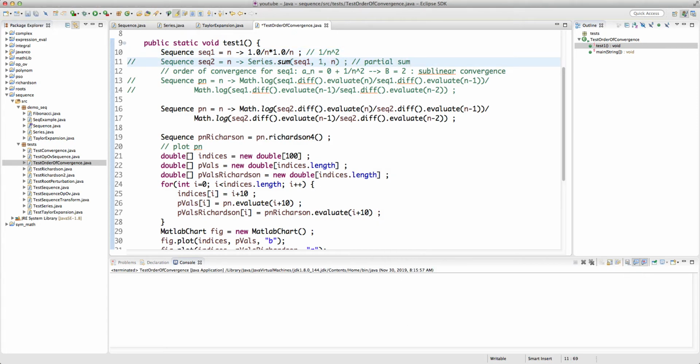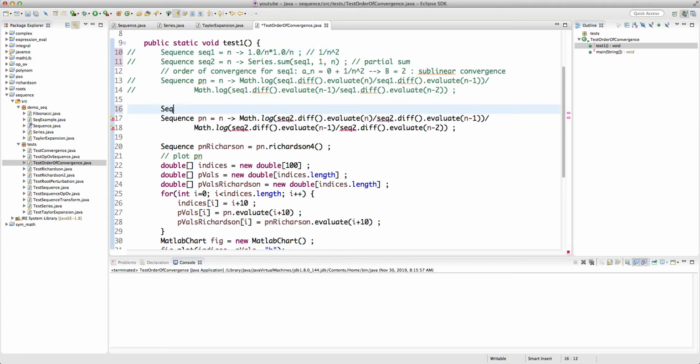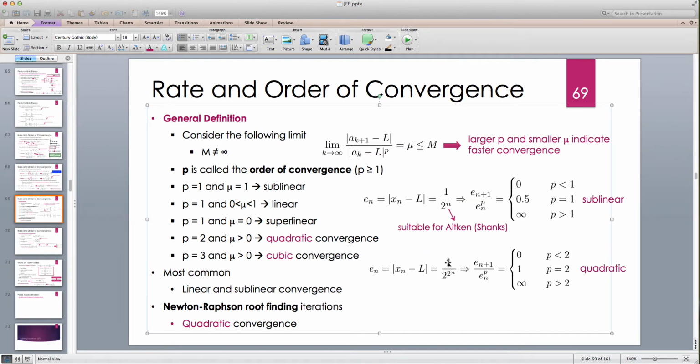Now, if you recall, we had this sequence, let's say sig1, and we had this sequence that has an error of 1/2 to the 2 to the n, okay? And we saw that it works for p equals 2, so let's test that too.